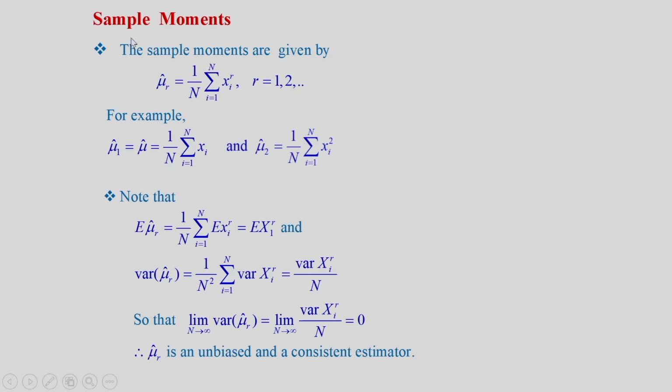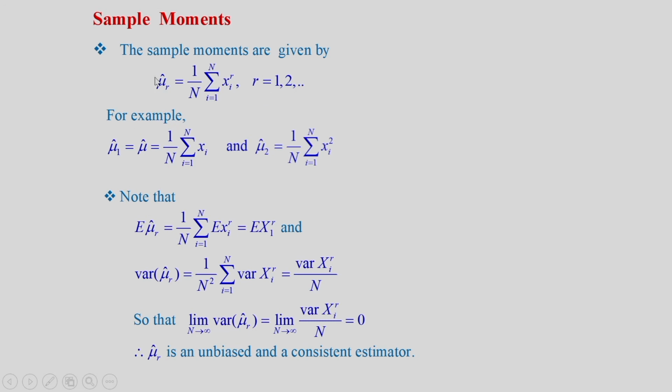And now, sample moments are the moments estimated from data. The sample moments are given by, suppose the r-th moment, its sample version is mu r hat, given by summation xi to the power r, i going from 1 to n, divided by n, for r equal to 1, 2, etc. This is the definition of sample moments.